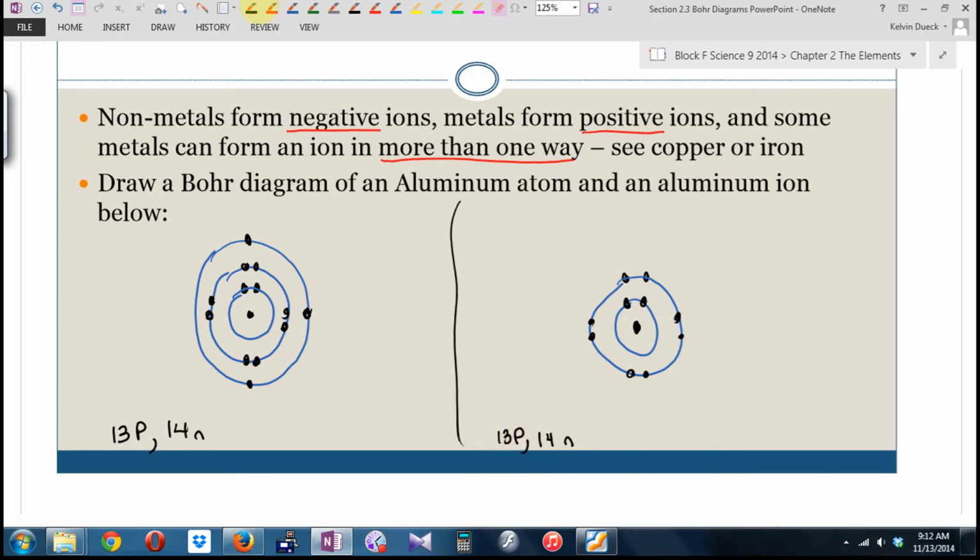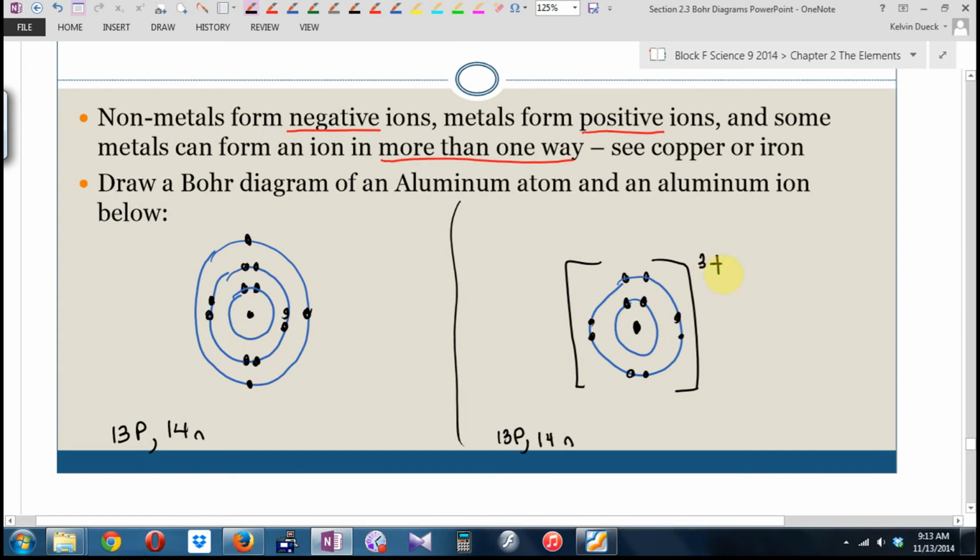Now, to show that it's an ion, we would put square brackets around it, and we would put the ion charge of aluminum in the corner. What's the ion charge of aluminum? 3 plus. Now, going back to Rihanna's comment, if we were labeling these, I would call this one Al, and I would call this one Al 3 plus. So it's a good system in terms of the labeling.